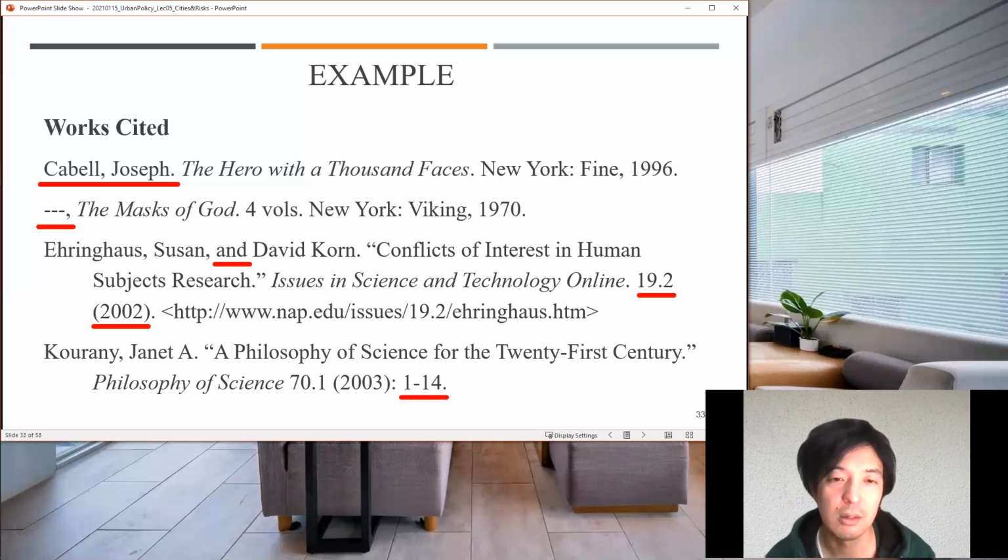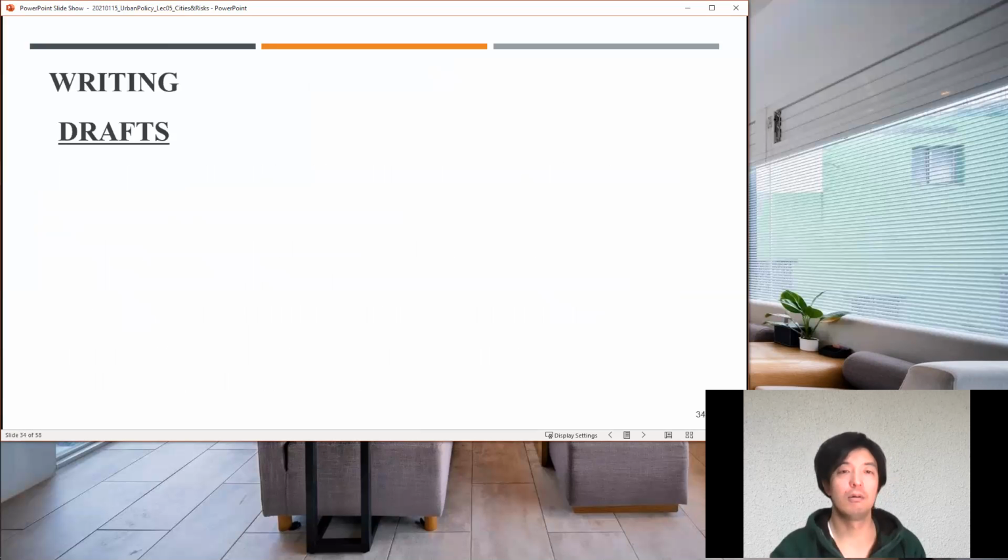So from page 1 to page 14 were the pages for this article. So you need to write this page information.